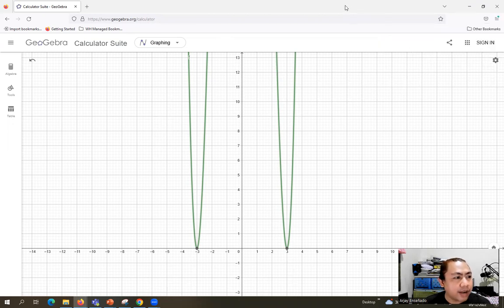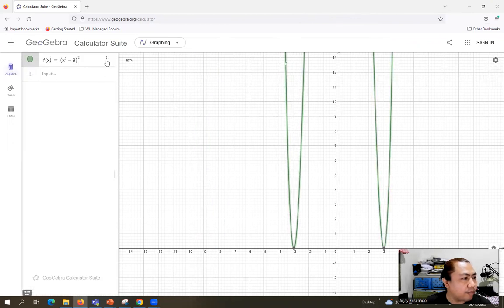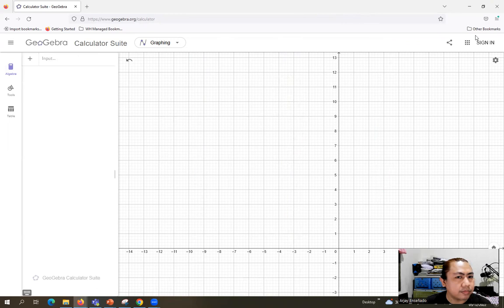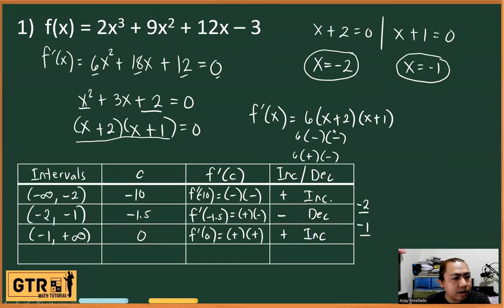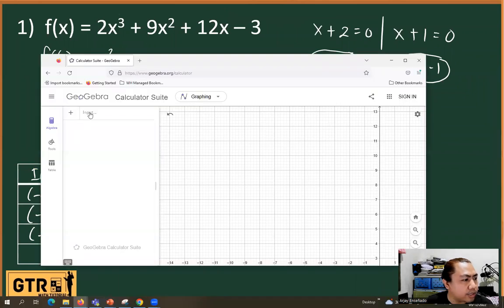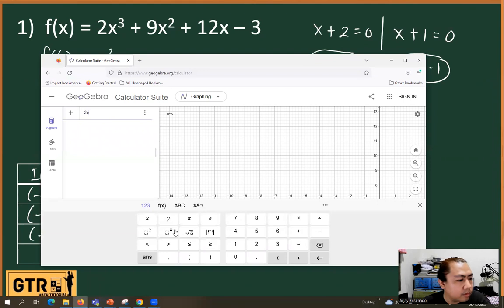Okay, so for number 1, let's draw the graph for number 1. So we have 2x cubed plus 9x squared plus 12x minus 3.